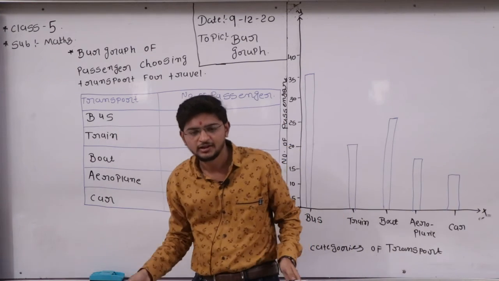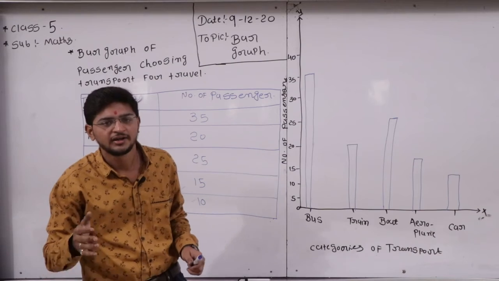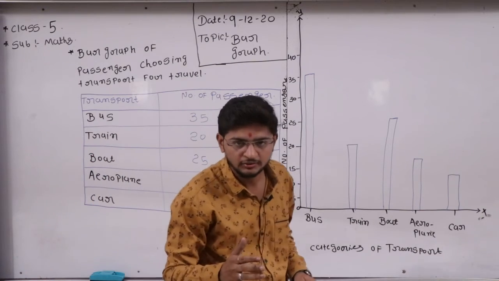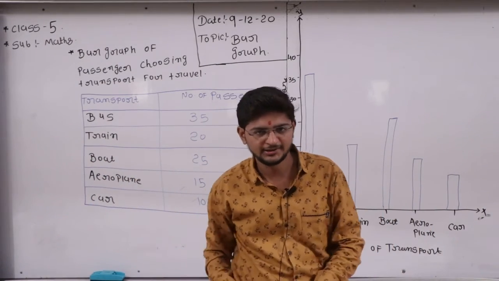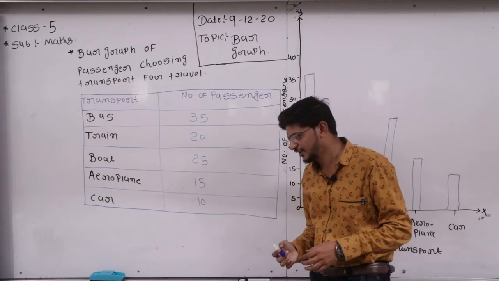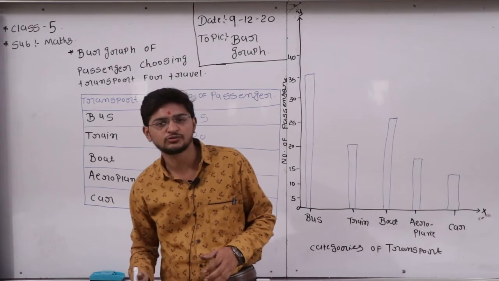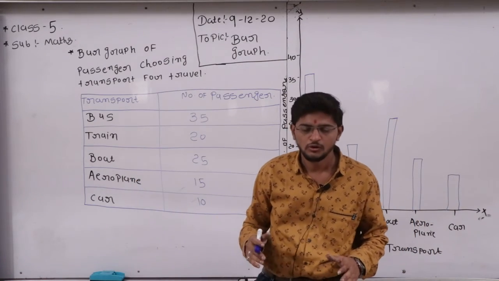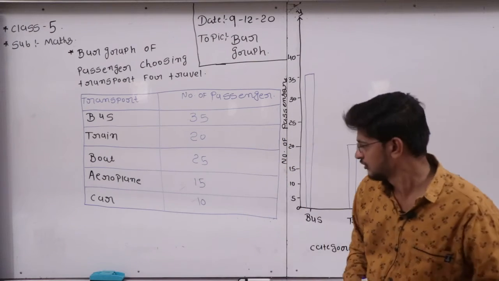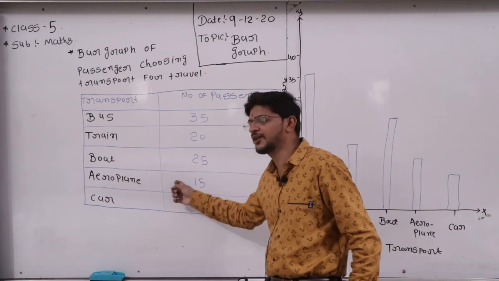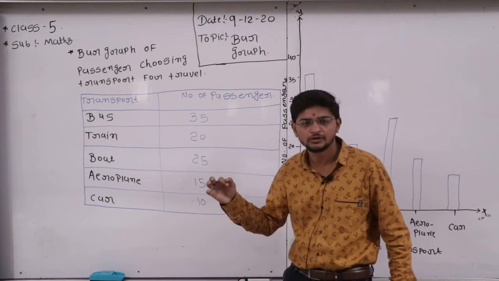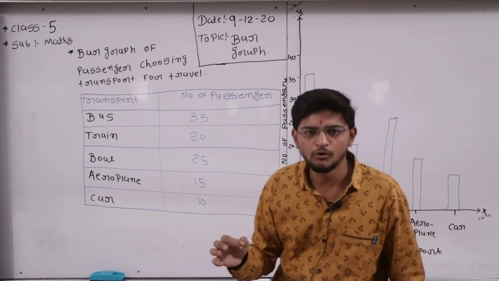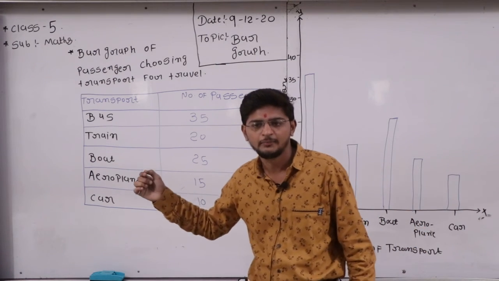So we can say that 35 passengers choose a bus, right? Next question is how many passengers choose an aeroplane. So we can say that it is 15, because here you can see 15 passengers choose an aeroplane to move from one place to another place, right?